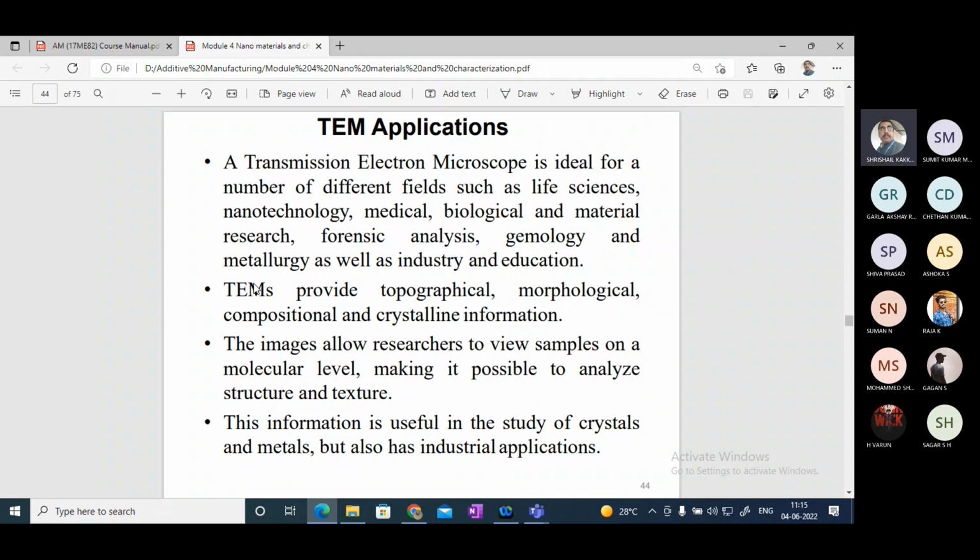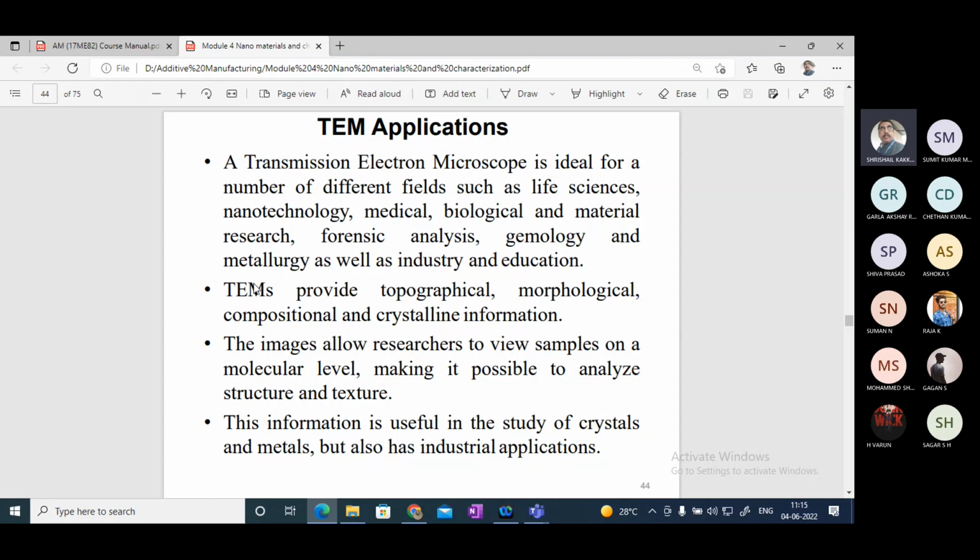Other than nanotechnology, it can be used in medical, biological, material research, forensic analysis, the police departments for fingerprints, and gemology, that is, a very specific type of stones, to study the inner details of gems. It can also be used in metallurgical industries and for education purposes. Its price starts from 1.5 crore rupees. Okay, and it will be at the higher cost end.